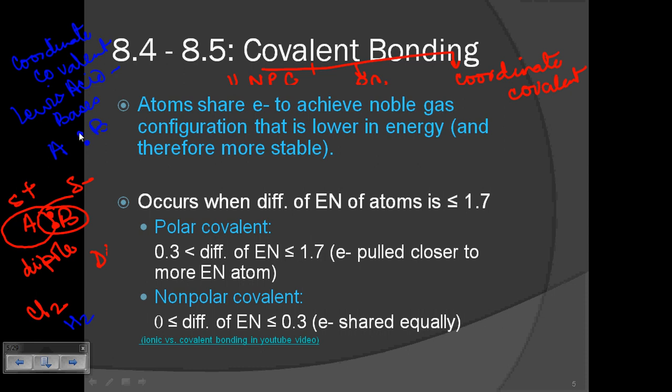So maybe B has a complete octet and B shares two of those electrons in the middle. A shares B's electrons but does not provide any electrons to be shared in the middle. Such bonding is called coordinate covalent bonding.